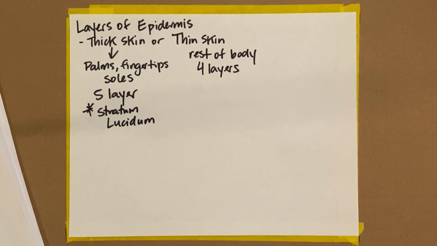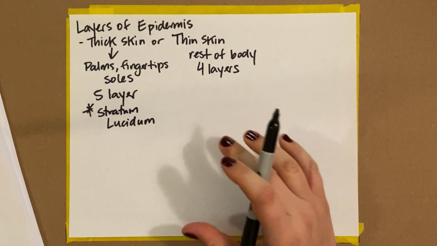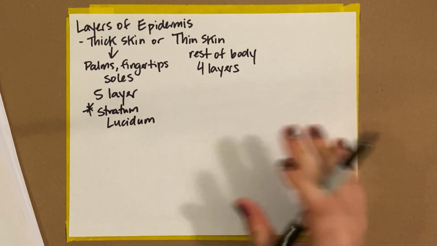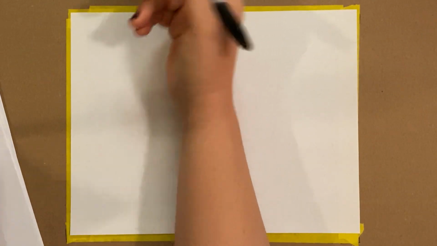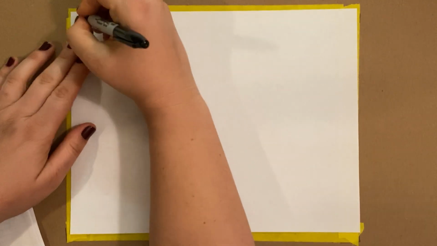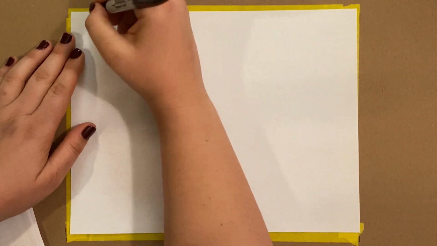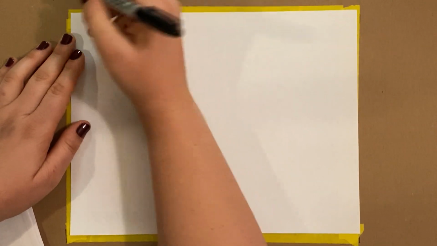Okay, so we're going to start going through the different layers of the skin and kind of look at where they are on a slide that's been prepped, and also kind of what's going on in those different sections. So we're going to start with the most basal layer. Okay, so this is going to be the lowest layer, and luckily it has the name that basically means basal layer.